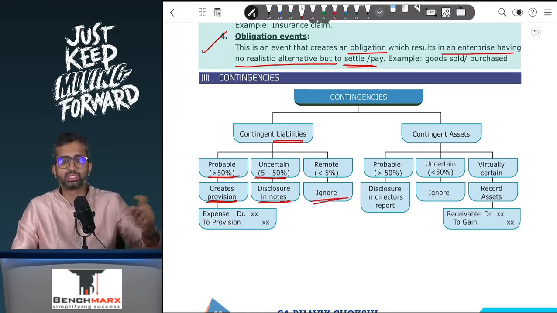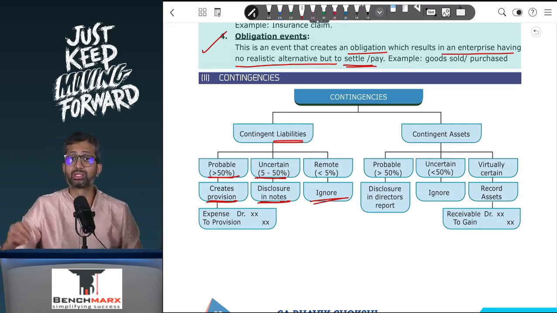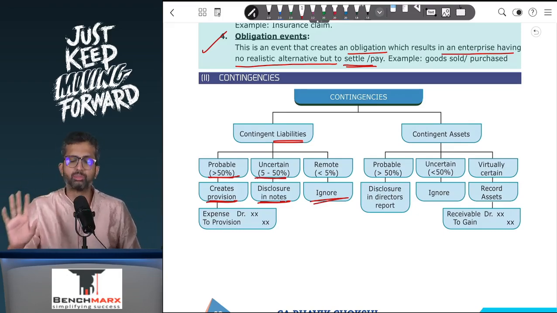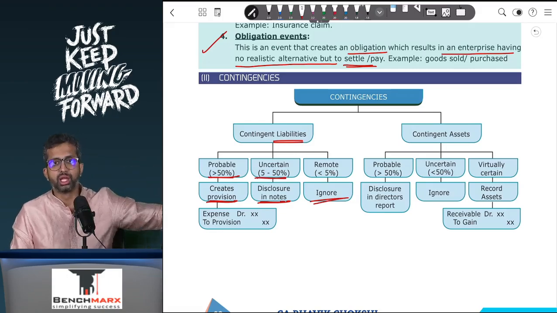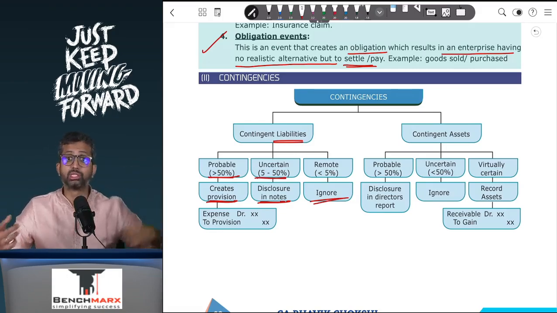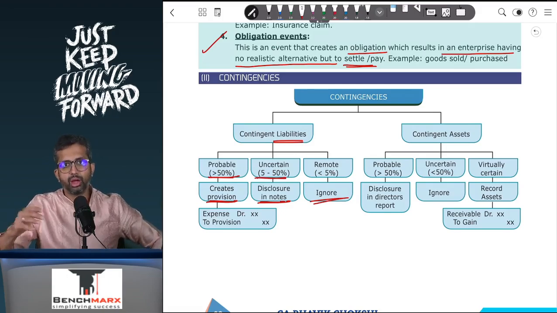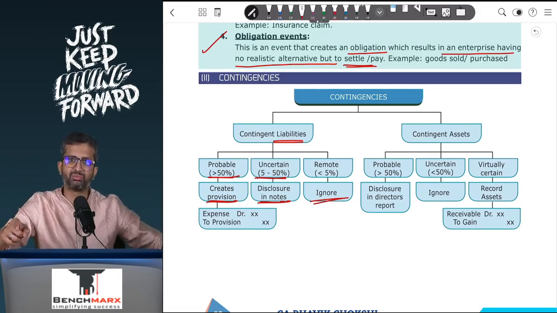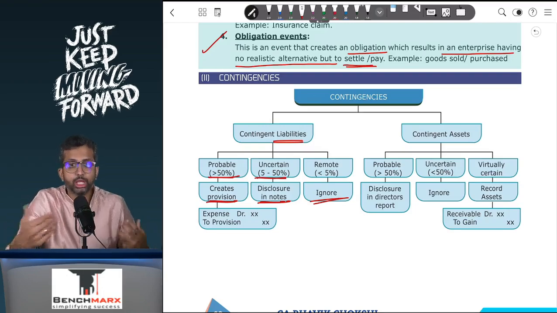Now, the problem is, as a student, how will I know whether the payment is uncertain, probable, or remote? First of all, if the question clearly tells you that there is a more than 50% chance of payment, you don't just run behind 50%. Sometimes they might say that someone is suing you and your legal expert said that it is probable that you will win, a more than 50% chance of winning. But if there's more than 50% chance of winning, that means there's a less than 50% chance of losing, in which case you don't need to make any payment.